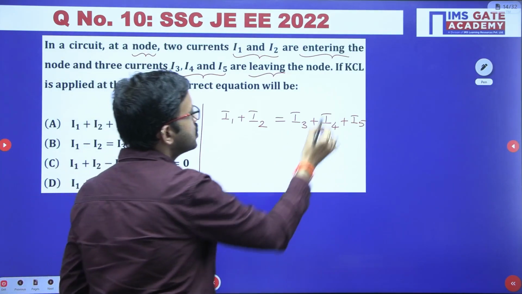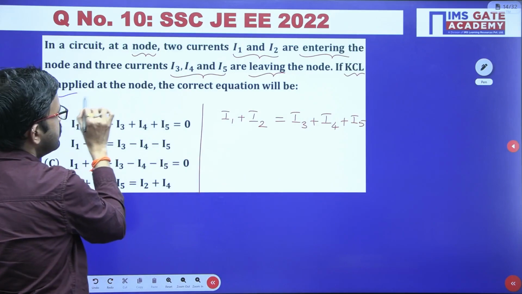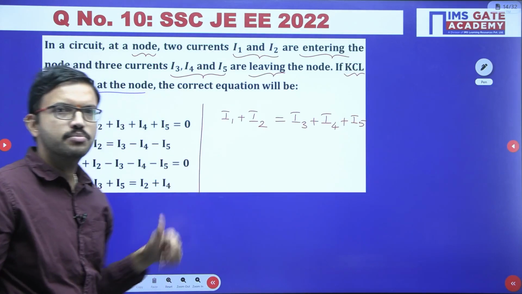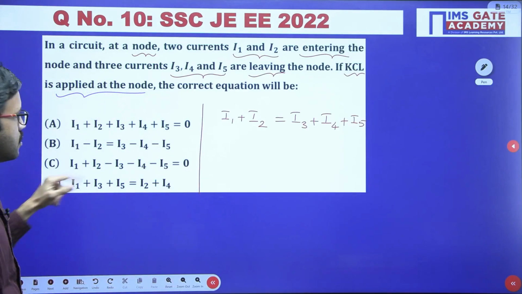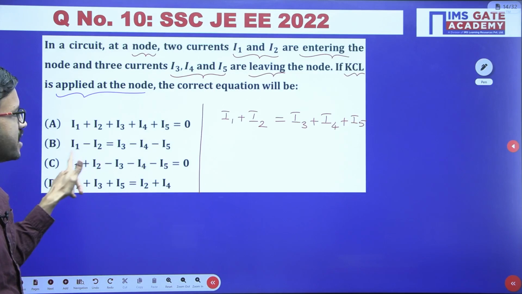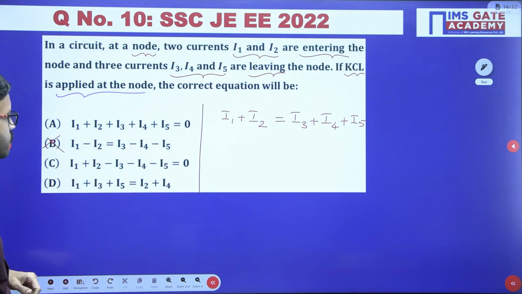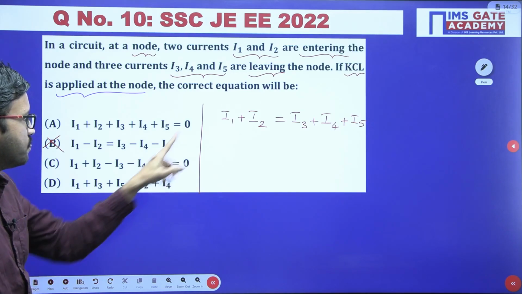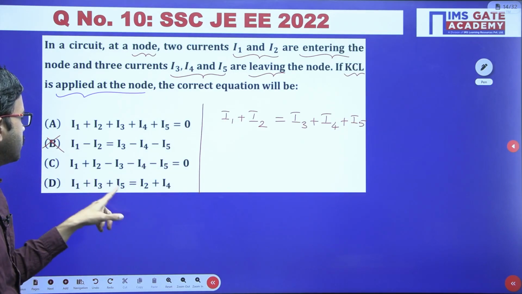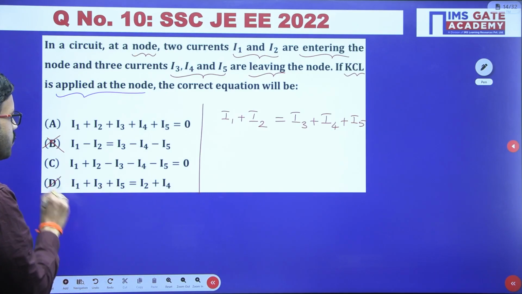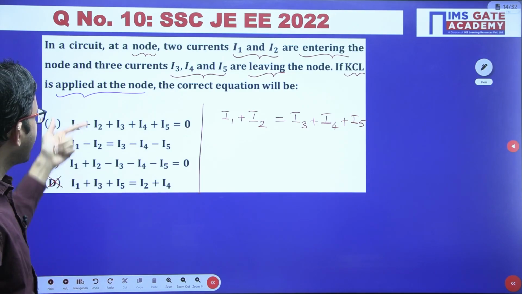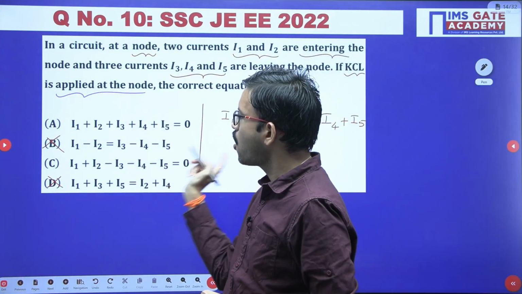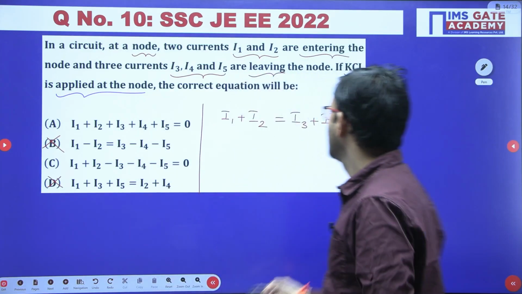Now the question is, if KCL is applied at that node, which will be the correct equation? Just observe. See, it should be I1 plus I2, but here it is I1 minus I2, so option B we can eliminate first. In the last equation, we have I3, I5 and then I1, so this one we can also eliminate. Now the other two choices, option A and option C, have all five currents on the left-hand side.